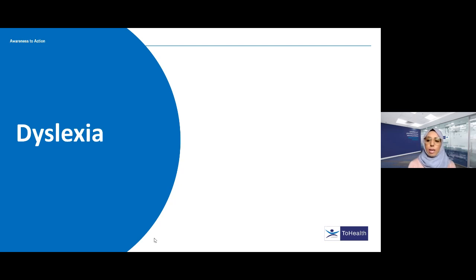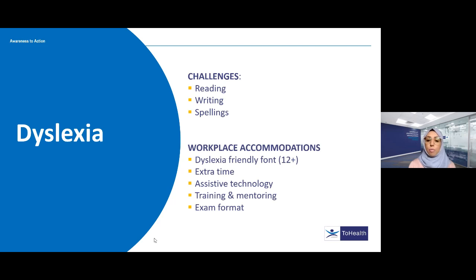Dyspraxia is where people can struggle with their reading, writing, spellings, as well as processing phonological information. So that's a sound of information. And some of the adjustments or accommodations that you can ask for includes that you try to use, where possible, a dyslexic friendly font.